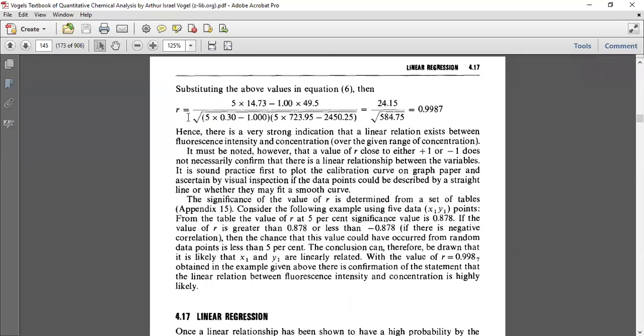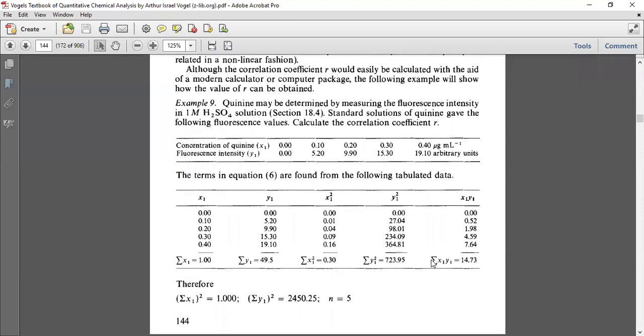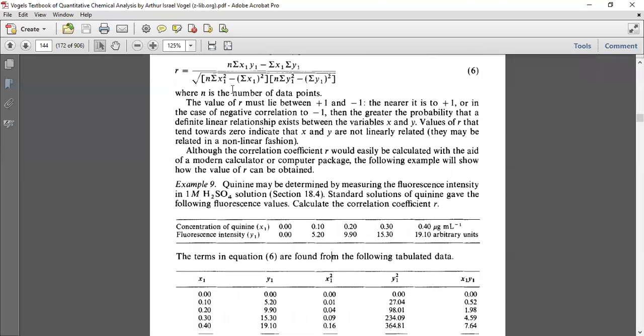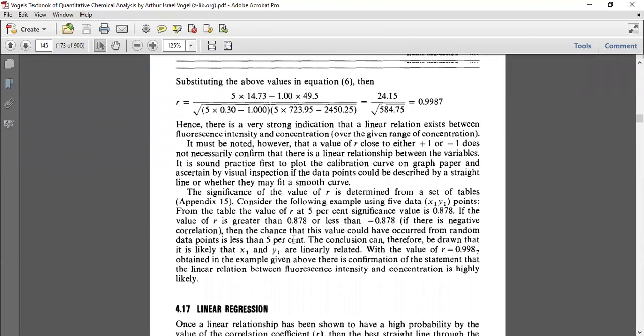Here r is equal to 5 into 14.73, and so on. Whatever calculation we did, we substituted in this formula: N times summation of x1 y1 minus summation of x1 into summation of y1. According to that we substituted all the values and got the answer 0.9987.